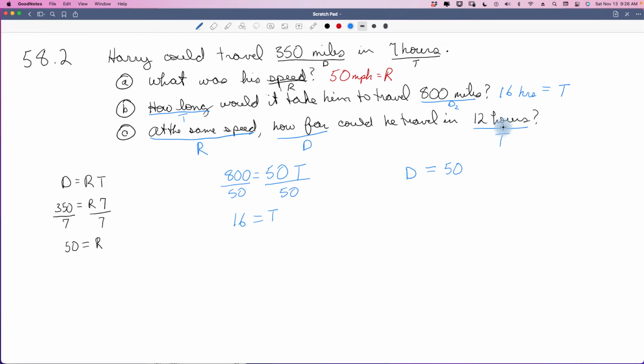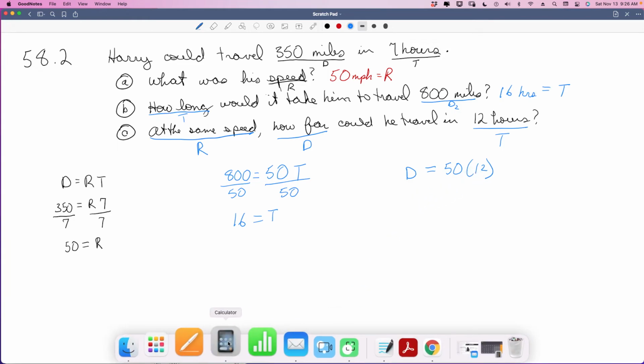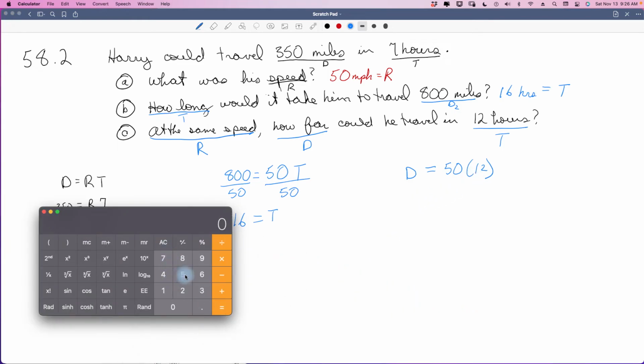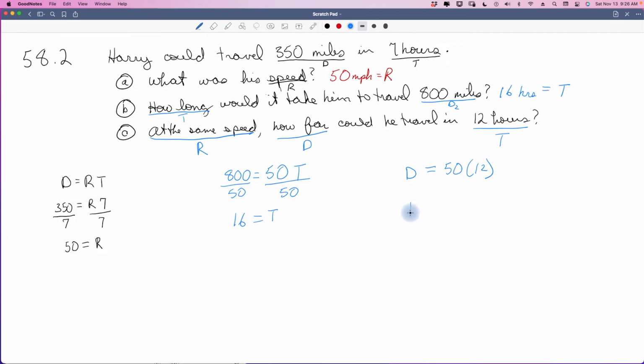And our time is 12 hours. So we multiply that times 12, right? So 50 times 12, that's going to be 600, I do believe. So let me look. 50 times 12. Yes. So our distance is 600 miles.